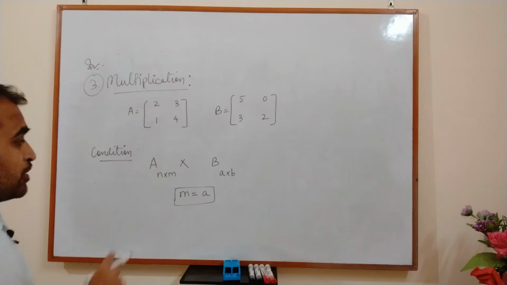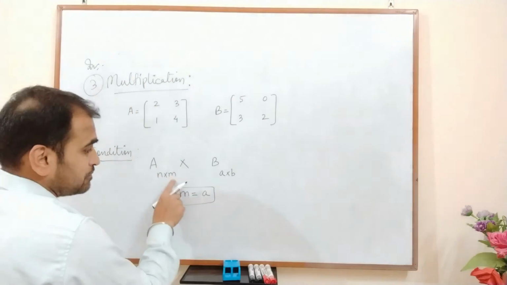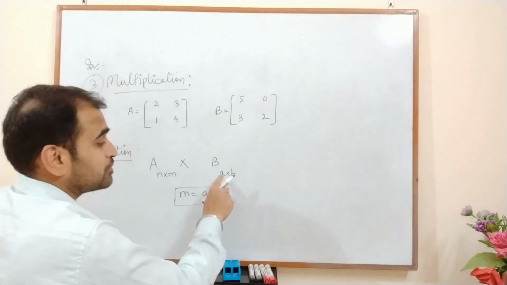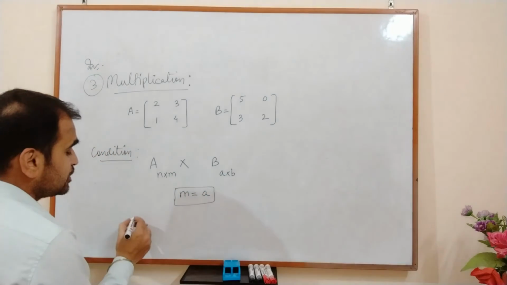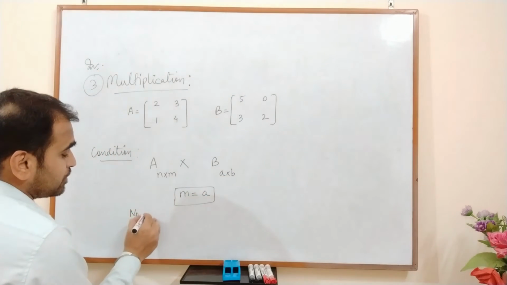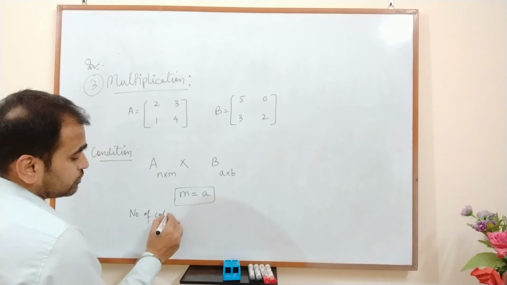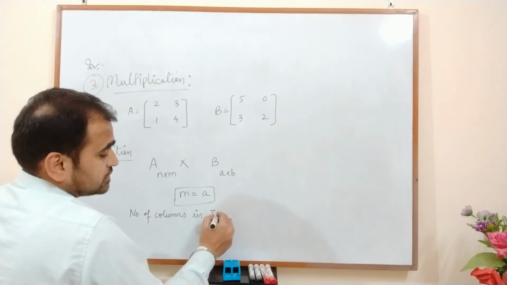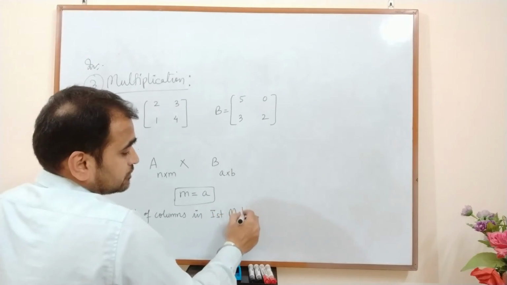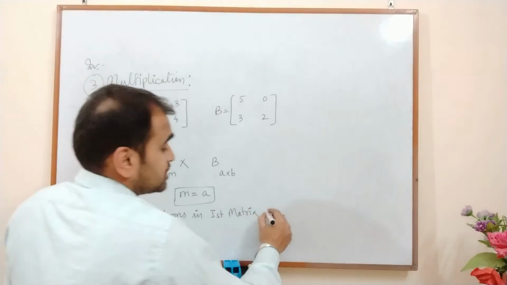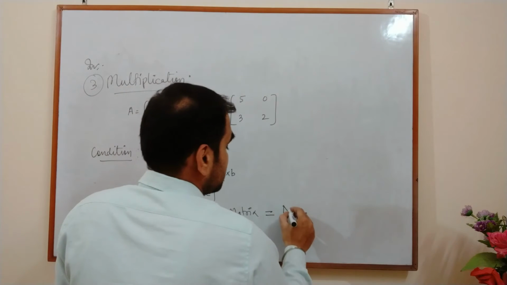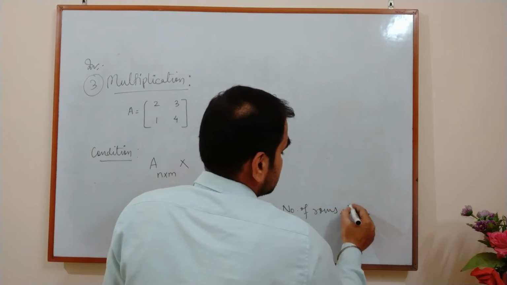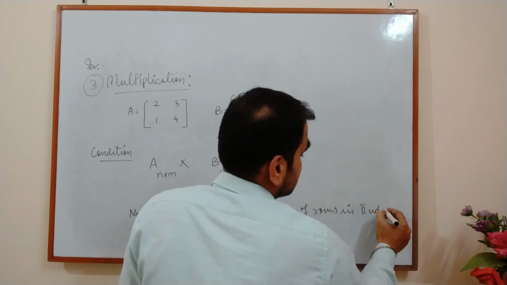The meaning is that the number of columns in the first matrix must be the same as the number of rows in the second matrix.